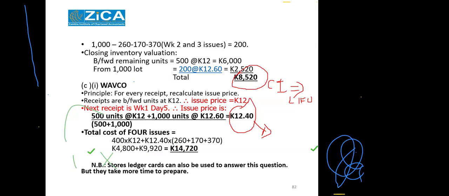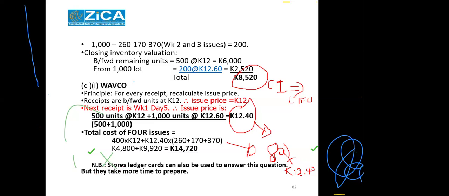Alternatively, since the issues were 800, one way of getting the 9,920 is simply to multiply 800 by 12.4 to give you the same figure, 9,920.